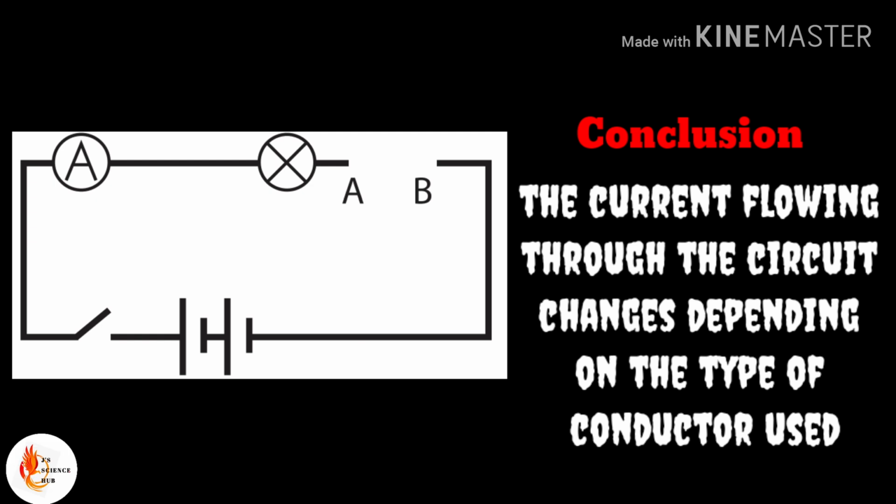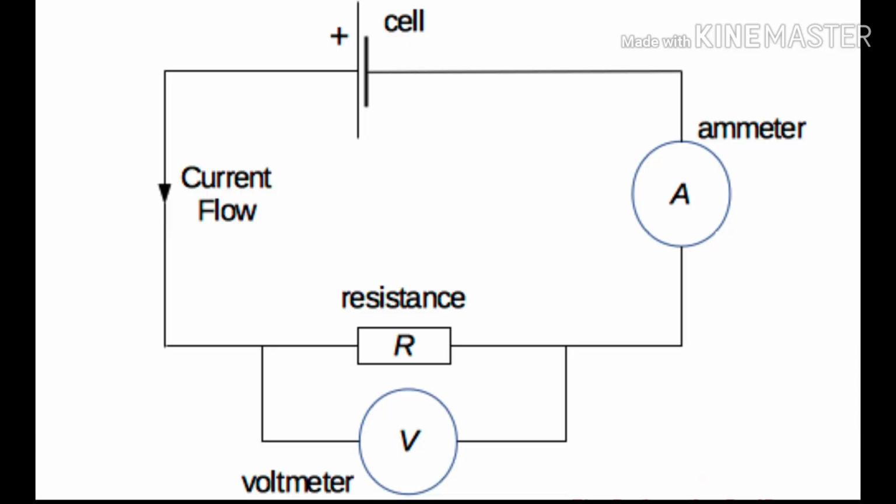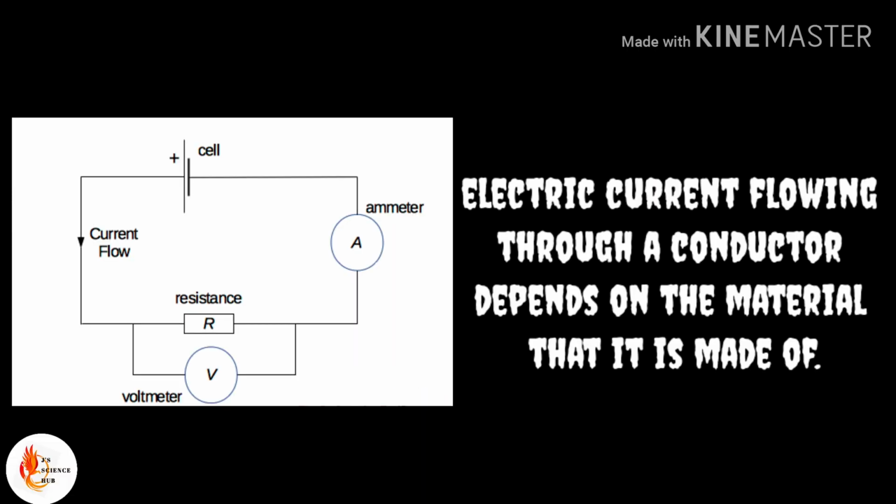But when you use the iron wire, the brightness of the light is reduced as well as the reading of the ammeter. Okay, so this shows that in these two instances the current flowing through the circuit is changed. So from this we can conclude, according to the type of conductor we are using, the current flowing through the circuit also will change. So the electric current flowing through a conductor depends on the material it is made of.